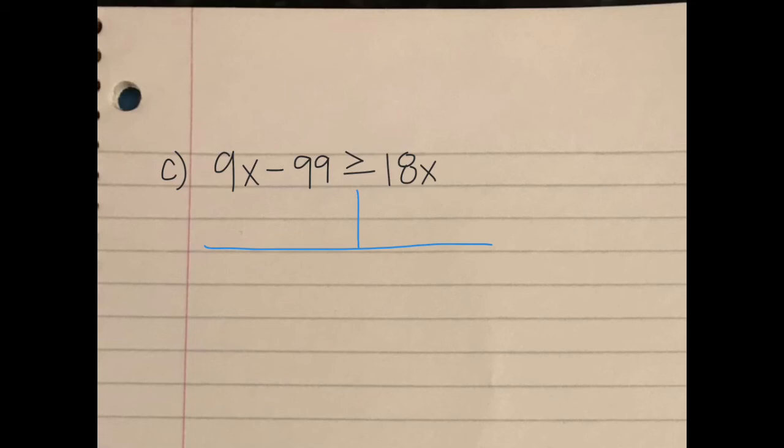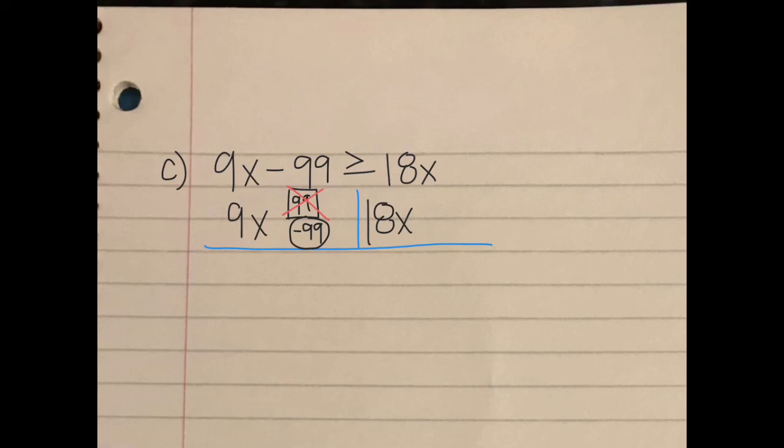And I've got a pretty easy translation because I've got 9 x's. I'm supposed to take away 99 that I don't have, so I can bring in my 0 pair of 99 and -99. Can take away that positive 99 that I'm supposed to. And on the right, I have 18x.